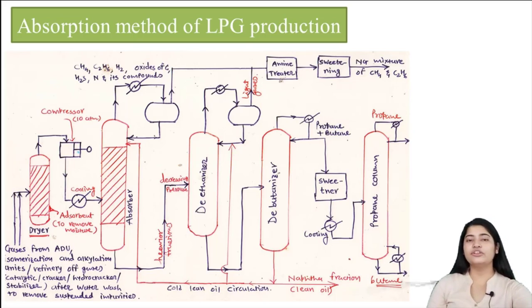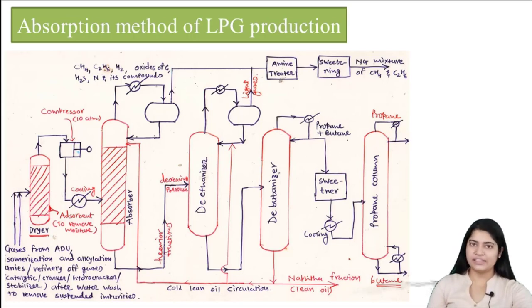So at the top you get your light gases, whereas at the bottom you get your heavy fractions like propane, butane, pentane. These heavy gases are absorbed in the oil and then sent to the de-ethanizer. In the heavy fractions, small traces of light gases are there.